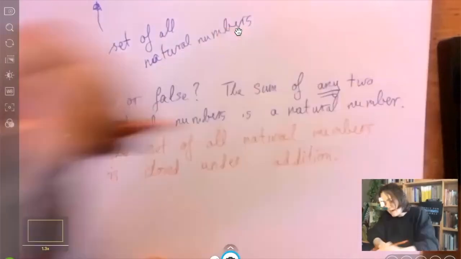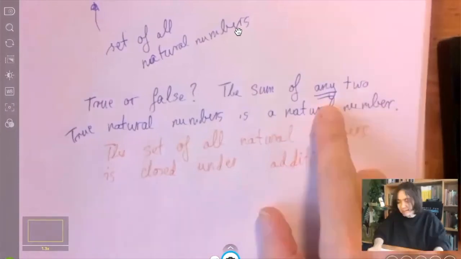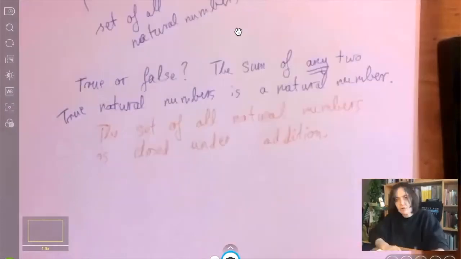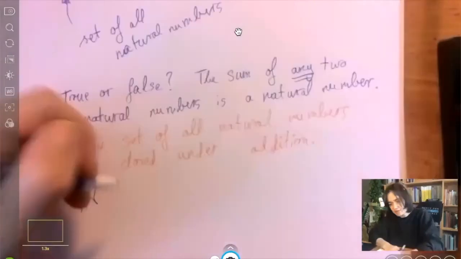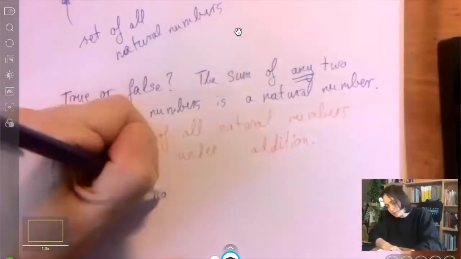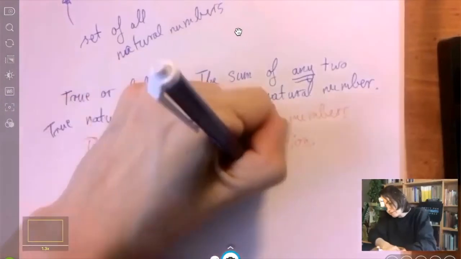Now, the set of all natural numbers is not closed under subtraction. And that's important at any 2, right? So I'm going to write N here, which is the same as the set of all natural numbers is not closed under subtraction.